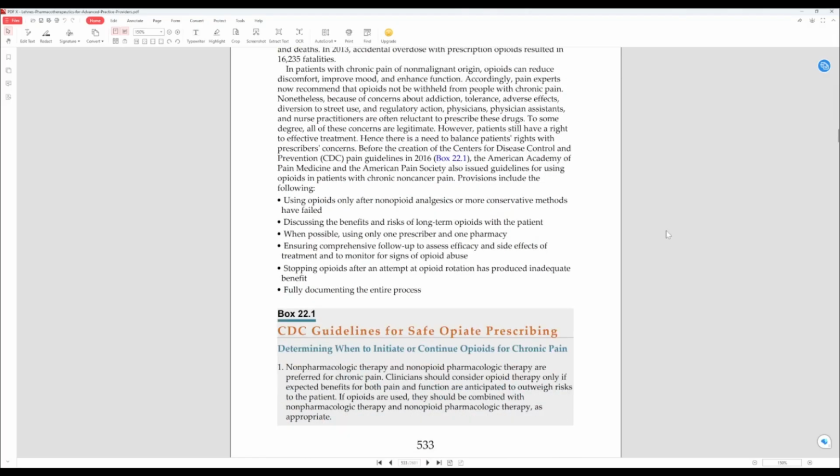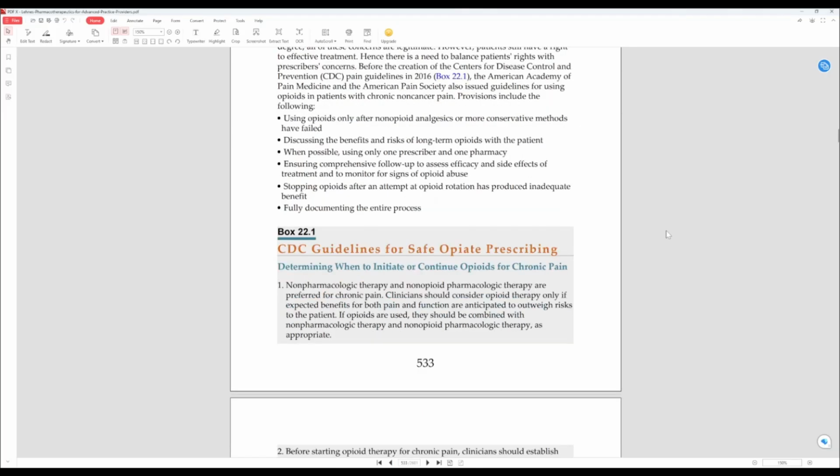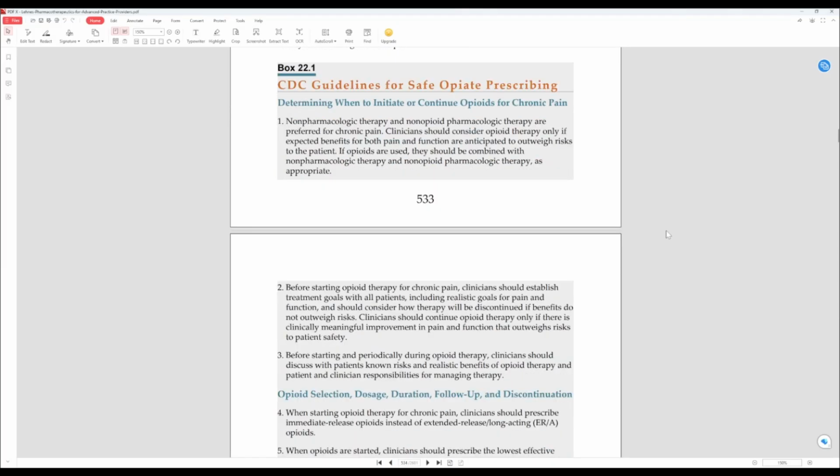These provisions included using opioids only after a non-opioid analgesic or more conservative method has failed, discussion of the benefits and risks of long-term opioids with the patient, when possible, only using one prescriber and one pharmacy, ensuring comprehensive follow-up to assess efficacy and side effects of treatment, and to monitor for signs of opioid abuse. Stopping opioids after an attempt at opioid rotation has produced no adequate benefit, and finally, fully documenting the entire process.